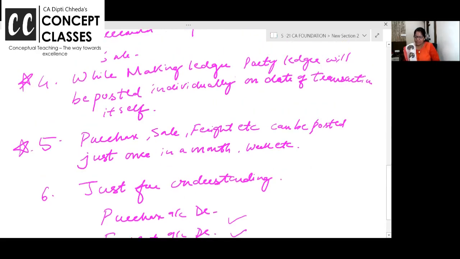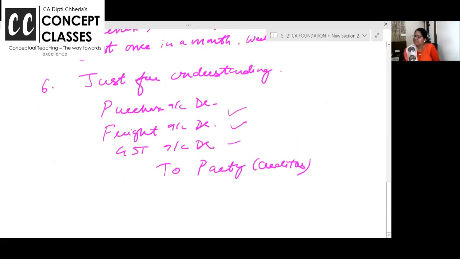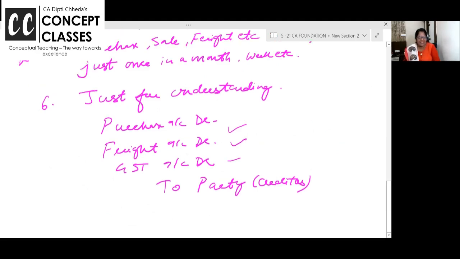Nice. Now all these points are helpful or not? To give a perfect mindset for the subsidiary books. और एक पॉइंट मुझे याद आ रहा था. Just check this, I'll see if I have not missed any point. Orally, I'm just saying, I don't have any book in front of me.